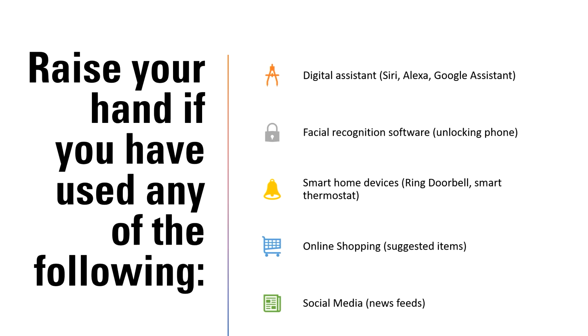In the broadest sense, anyone who has used any of these technologies has already used AI in some form. I'll talk more about this throughout the presentation, but I wanted to highlight that while what's called generative AI, like ChatGPT, has been making headlines since its release a couple of years ago, AI and machine learning technology has been around for decades and has been utilized in many modern technological devices and software.